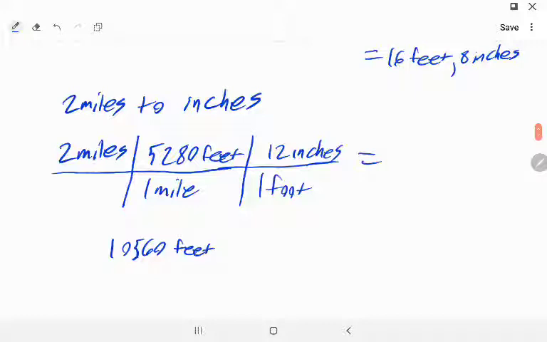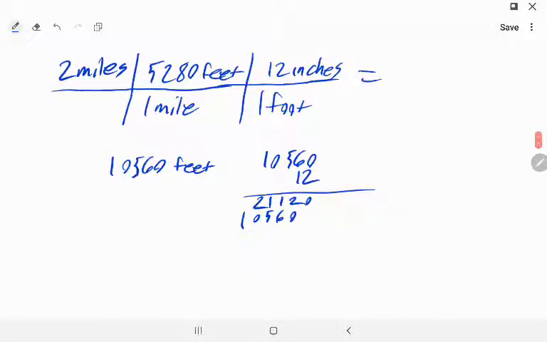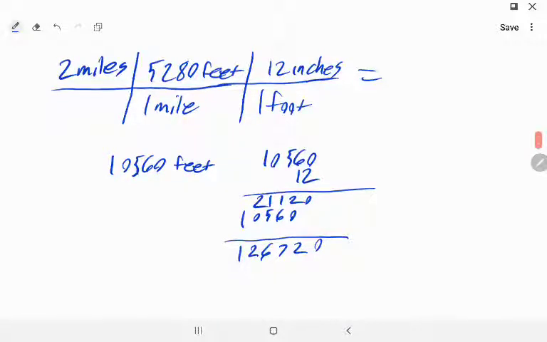And then to get the number of inches, we have to take that 10,560 and multiply it by 12. We're going to wind up getting 21,120. And then we're going to add on the 6,501, and so we'll get 126,720 inches.